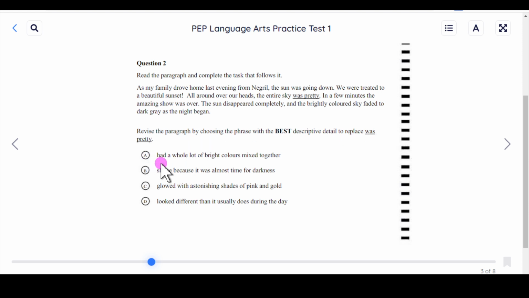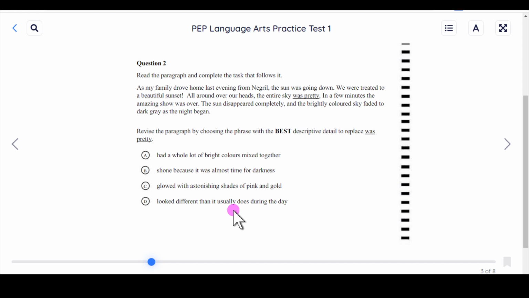Options are: A, had a whole lot of bright colors mixed together. B, shone because it was almost time for darkness. C, glowed with astonishing shades of pink and gold. And D, looked different than it usually does during the day.